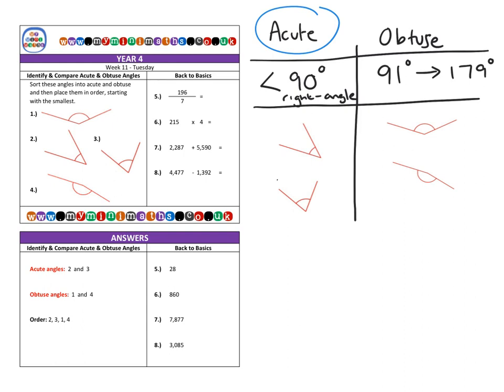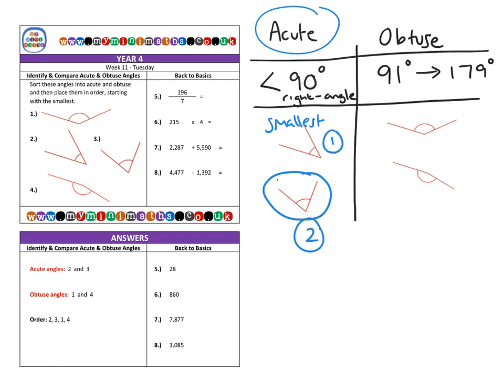Well, I would personally take the bigger slice because I'm hungry. So we can clearly see that this one here, which was angle number 3, is the bigger of the two. So that means this is going to be the smallest up here. So that's in first place.